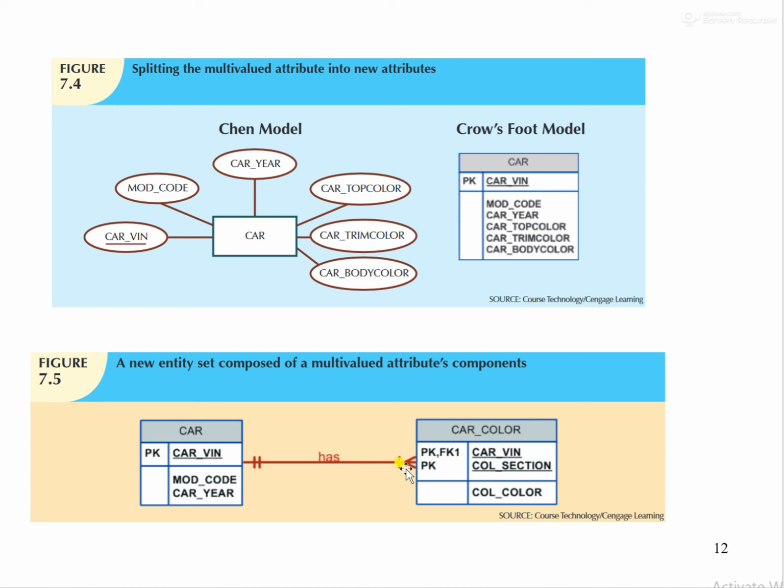And we can put a color section, which can be top or trim or roof, and then we can assign it a value. If some color section does not have a color value, we will not add it, so we don't have a lot of null values either.